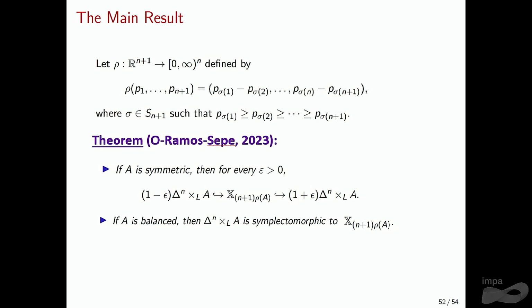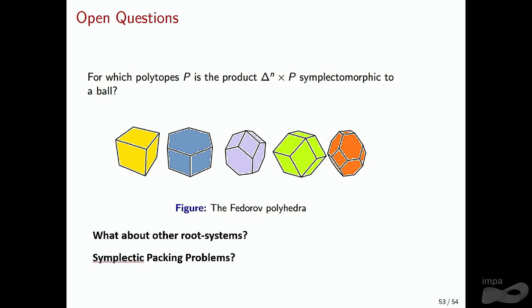And another question has to do with these five nice polytopes. I think they are known as Fedorov polyhedra. They have different names. We conjecture that if you take the simplex times any one of these five domains, then you should end up with something which is a symplectic ball.